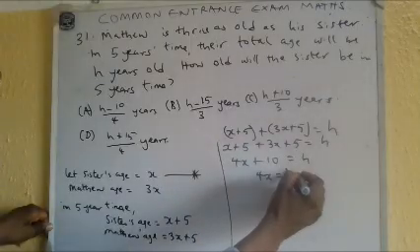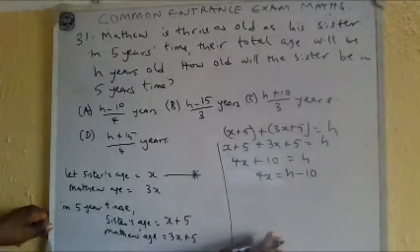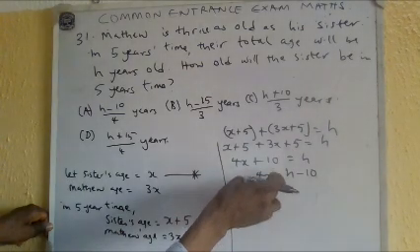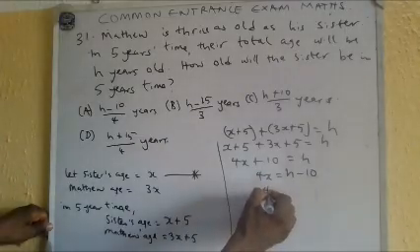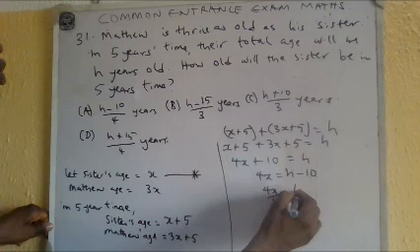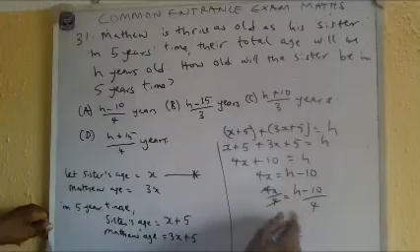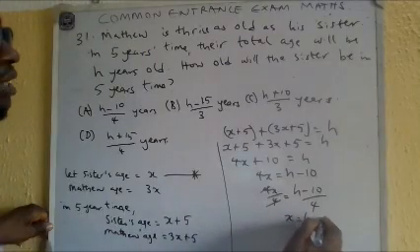So 4x is equal to h minus 10. Understand? At this point I can divide both sides by 4 so that x remains. So 4x over 4 is equal to h minus 10 over 4. The 4s cancel, so x is equal to h minus 10 over 4.